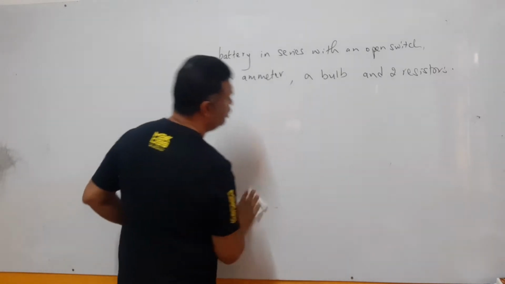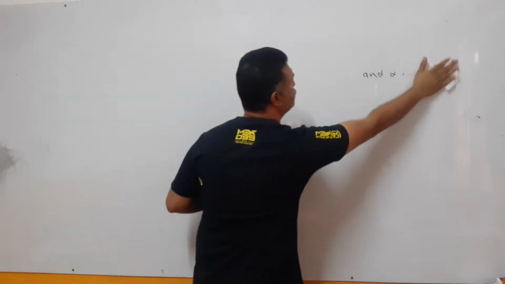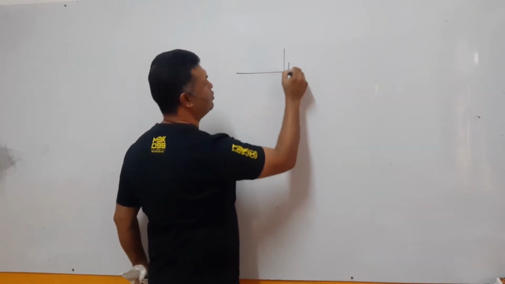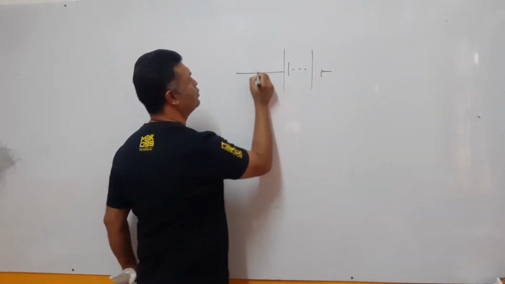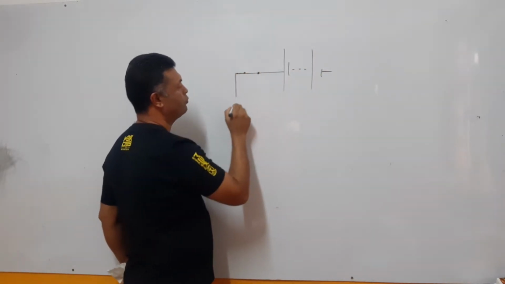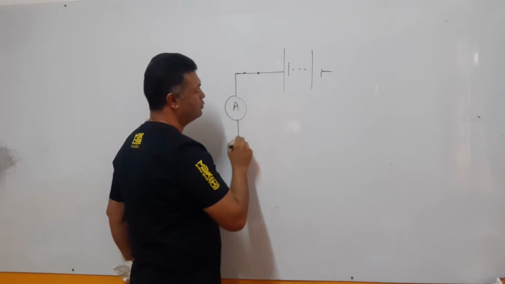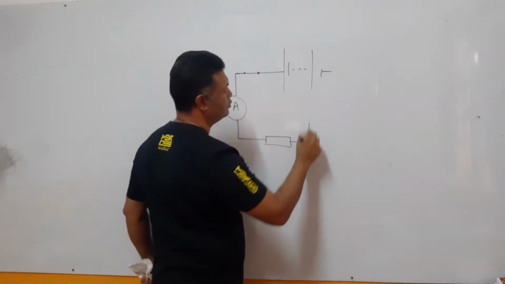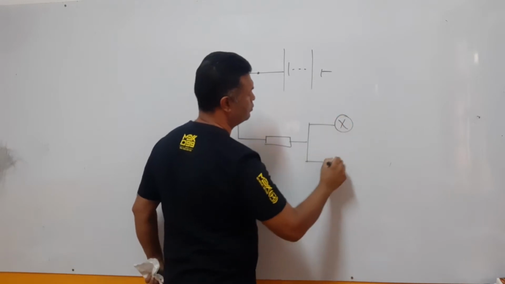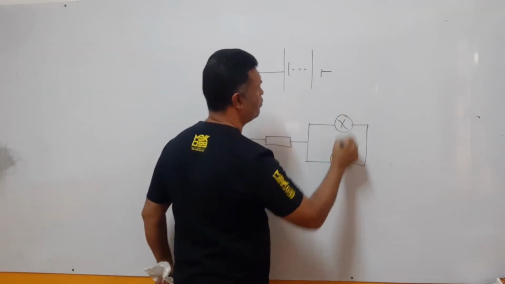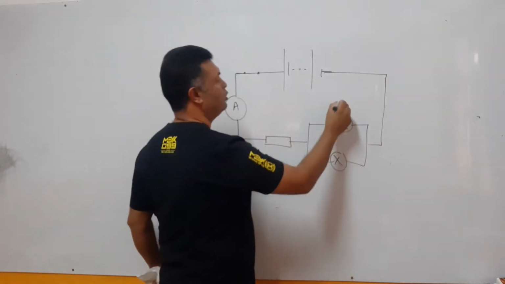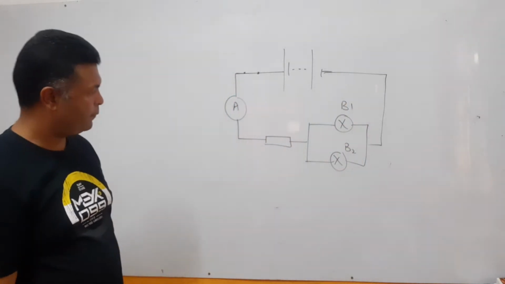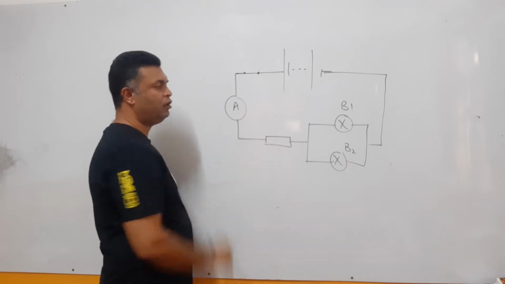Now, you may be given a circuit. For example, I have something like this. You have B1, B2, two bulbs. This is a fixed resistor.